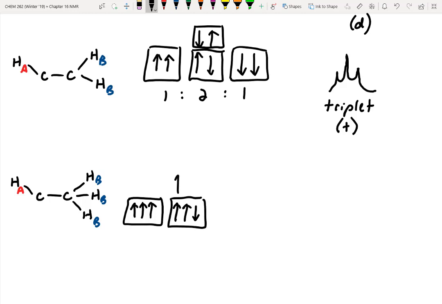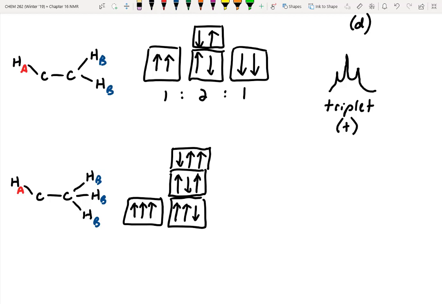Or maybe the first spin up, second spin down, third one spin up. Or maybe it's spin down, up, up. The net effect of all of these, in this column at least, is 2 spin ups, 1 spin down, right? Make sense? So the same net effect.